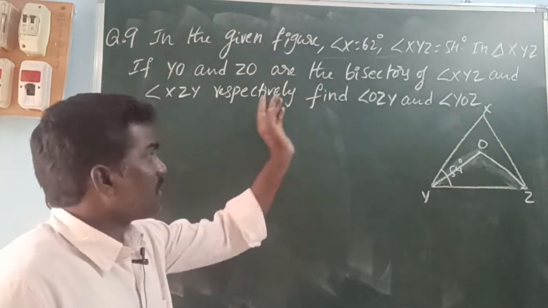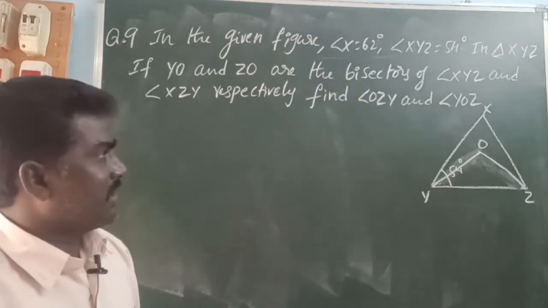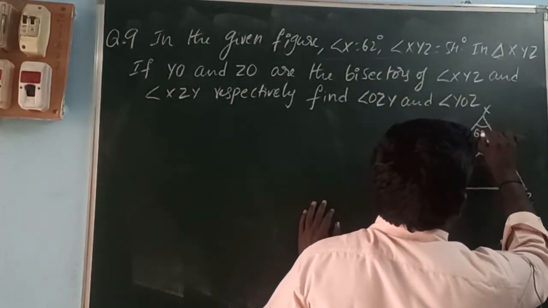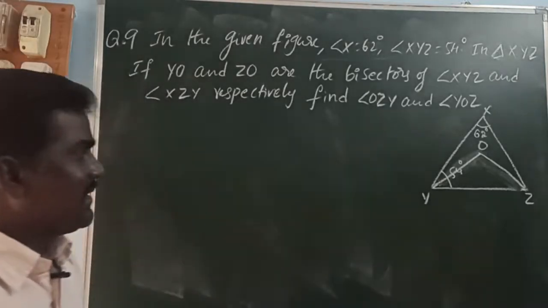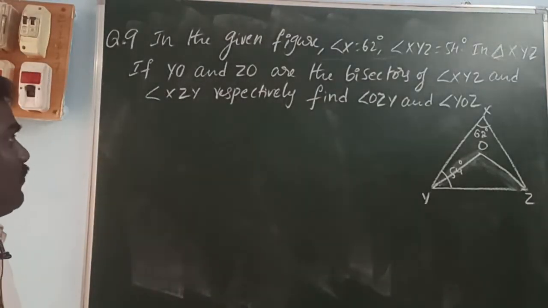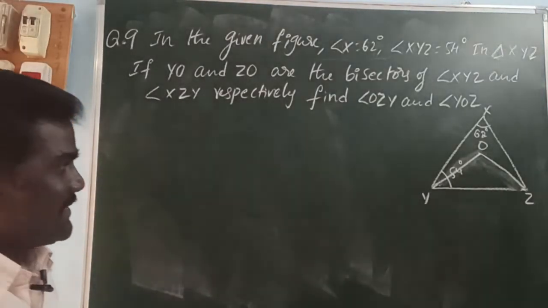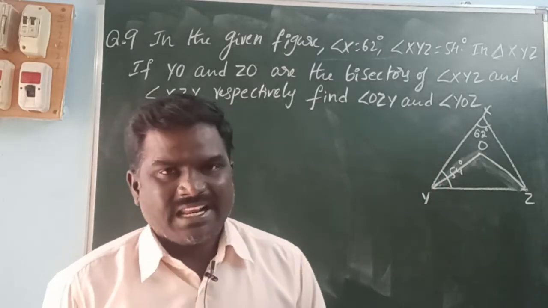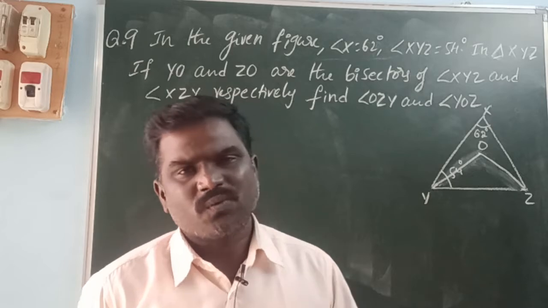Next, question number 9. In the given figure, angle X is equal to 62. In triangle XYZ, if YO and ZO are bisectors, bisector means dividing into two equal parts. A line is dividing the angle into two equal parts.